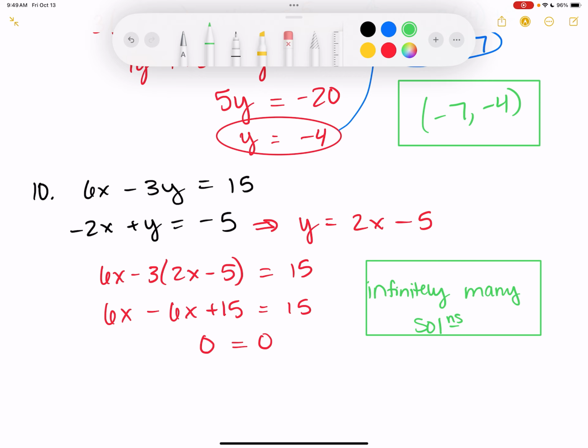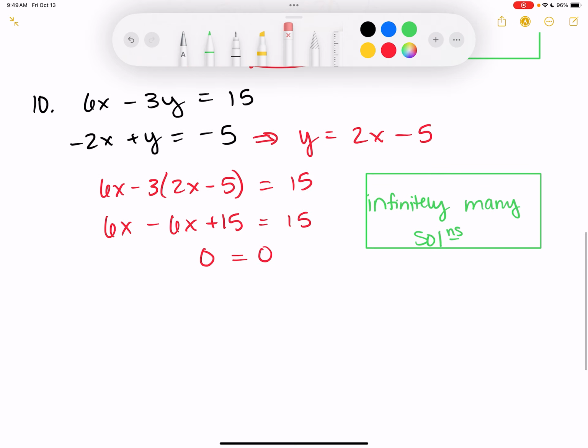So these ones are a little different. If I specify on a quiz or a test you have to use this method, then you have to use whatever method is stated. But there's also some problems in this section that say to solve using any algebraic method, so that just means you have to pick substitution or elimination to solve it. And so you can kind of pick your favorite. There's some that just make more sense to be done one way or the other.